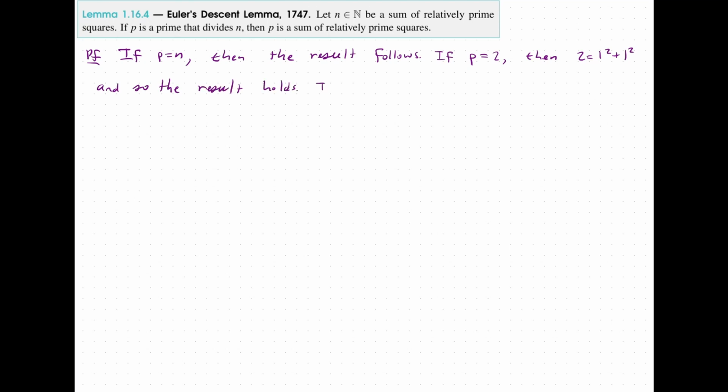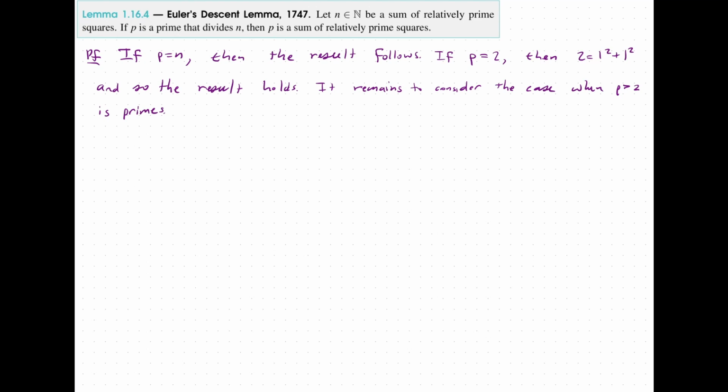And so it remains to consider the case when p greater than 2 is prime. So we're looking at the odd primes. And so then what we are going to do is do this via contradiction.